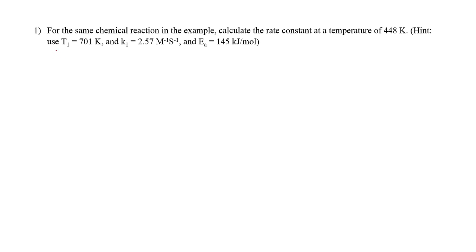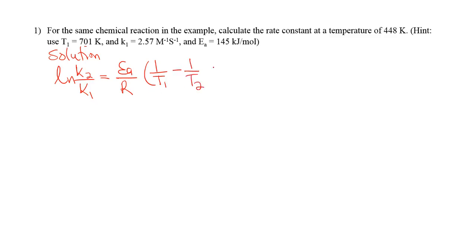So as a solution, I will do a similar thing like we did last time. Natural log K2 over K1 is equal to activation energy over R times 1 over T1 minus 1 over T2. So do not put T2 here. Here we should have T1. So what do we have?